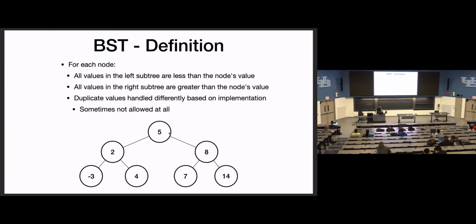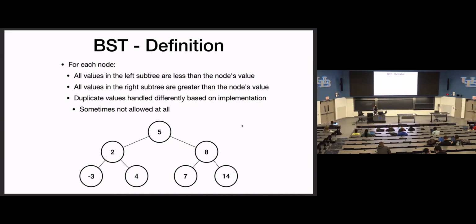So like 5 at this node, every value in the left subtree is less than 5. Every value in the right subtree is going to be greater than the value at that node, so greater than 5 over here. And this applies to every node. This node, everything to the left is less than 2, everything to the right is greater than 2, same thing over here. That's a binary search tree in a nutshell. That's what a binary search tree is.